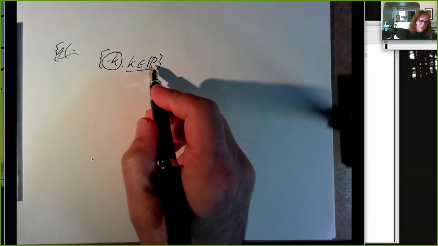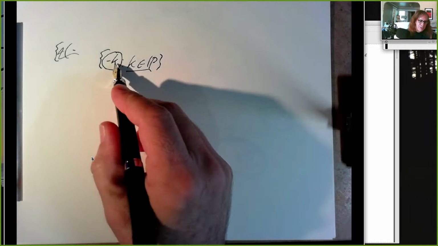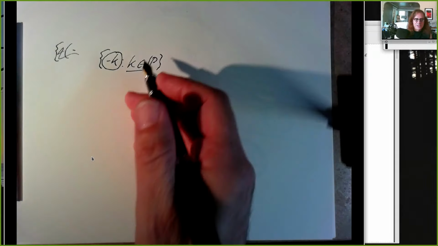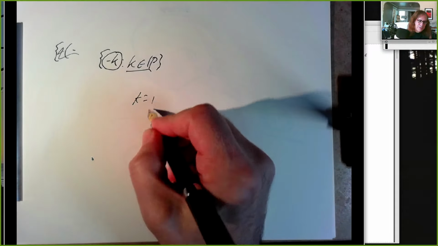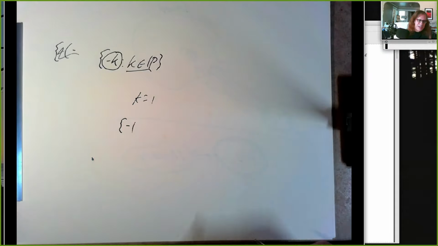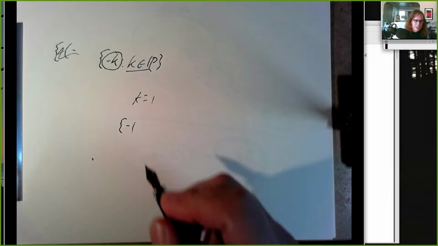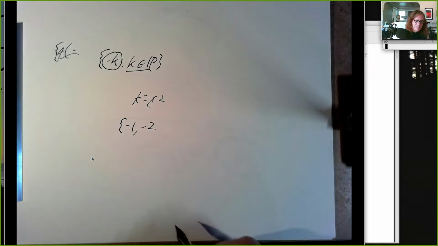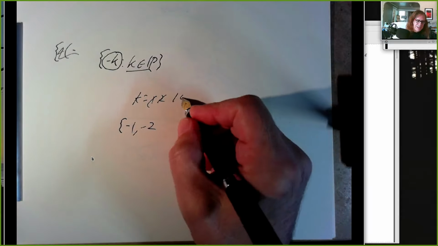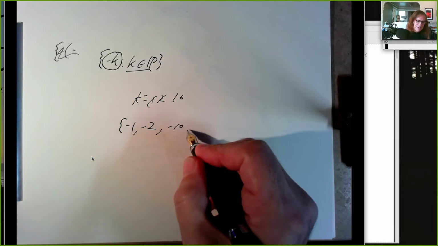So if we want to construct a set, we can pick any k contained in here, and we're told that minus k is in the set. P is the set of all positive integers, so k could be equal to 1, which means our set contains negative 1. K could be equal to 2, which means our set contains negative 2. K could be equal to 10, which means our set contains negative 10.